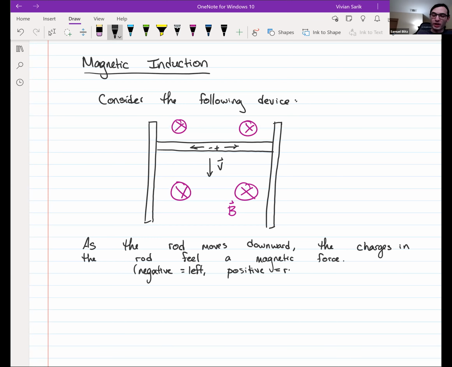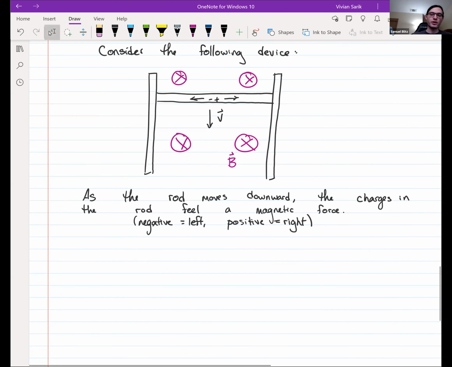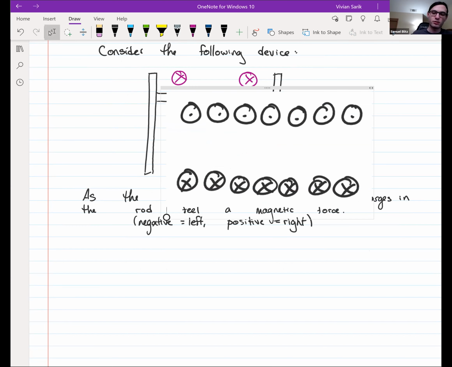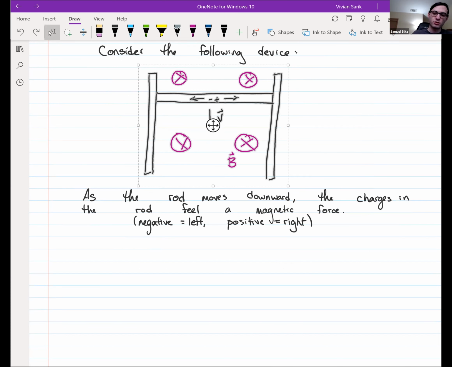And so, because these charges feel these forces, and every charge at every place will feel forces in the same direction, a positive charge on the right will experience a force that's still pointing to the right. What we end up with is the following scenario.